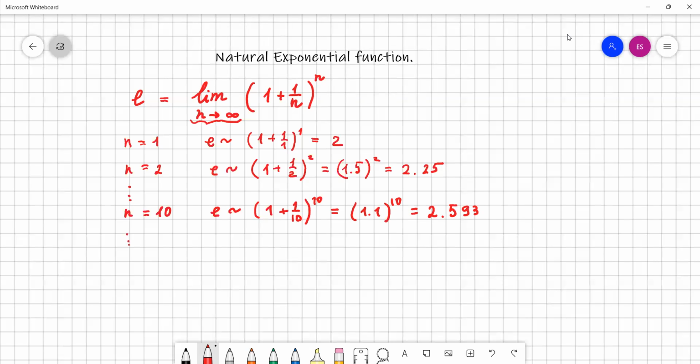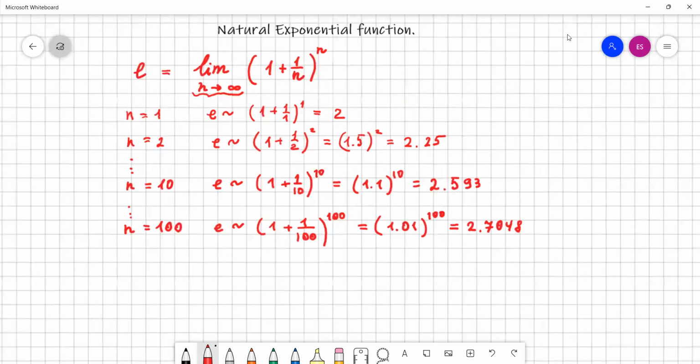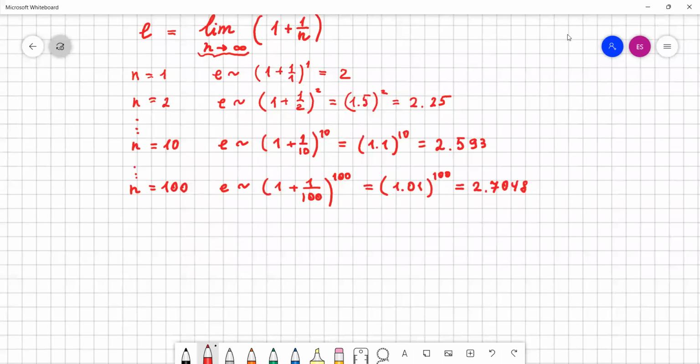Well, let's skip some more numbers and take 100. 100 is even closer to infinity. 1 plus 1 over 100, to the power of 100. We're going to have 1.01 to the power of 100, which is approximately 2.7048.